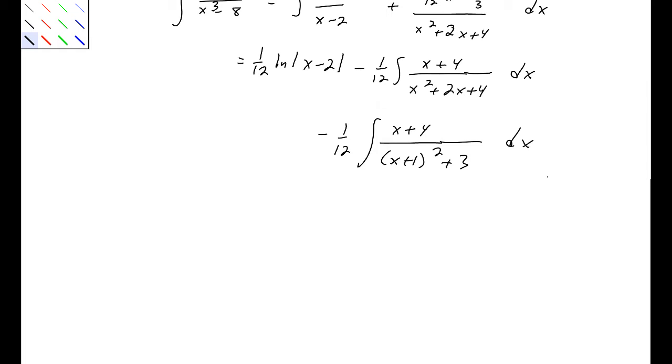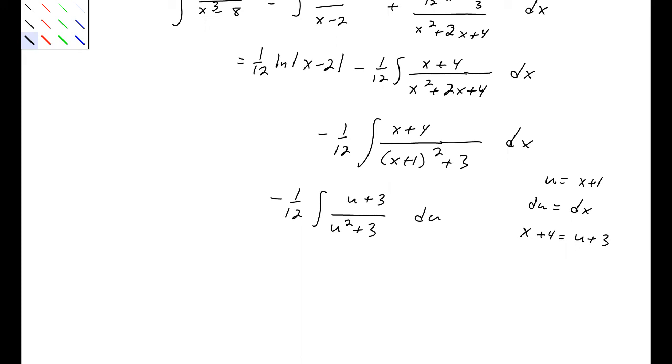Okay, so if we do u equals x plus 1, du equals dx, x plus 4 actually is u plus 3. So I'm going to write this as minus 1/12 integral of u plus 3 over, no x's, u squared plus 3. And I suppose I could keep this.